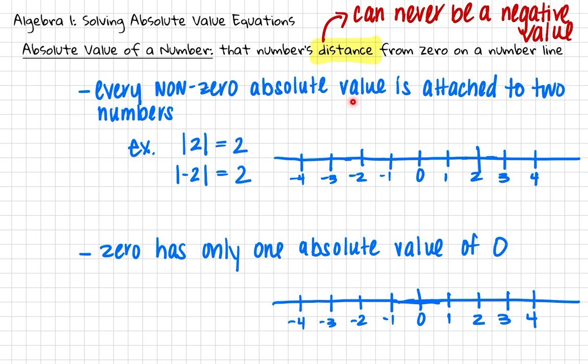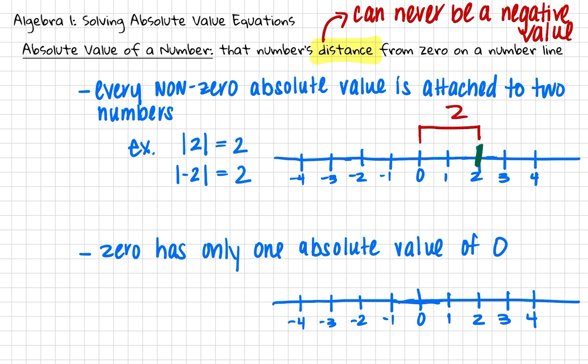So every non-zero absolute value is attached to two numbers. And I have an example. The absolute value of 2 is 2, and the absolute value of negative 2 is also 2. On the number line, I'll start with 2. I need to find the distance it is from 0. So here's 0 to 2. That's 1 to 2.